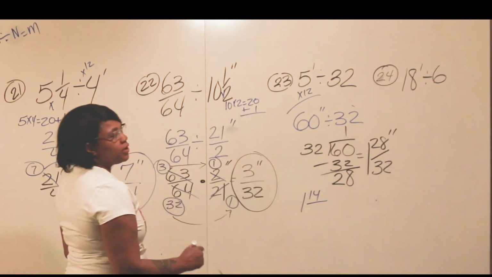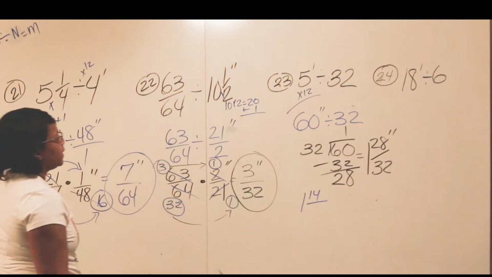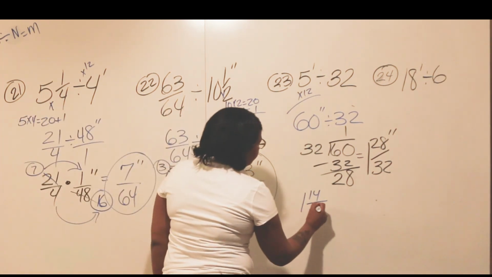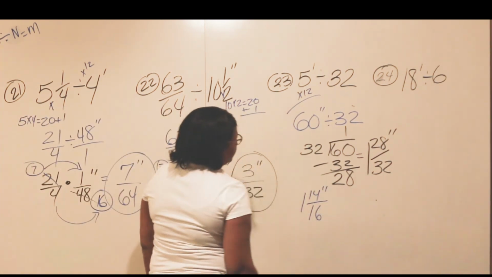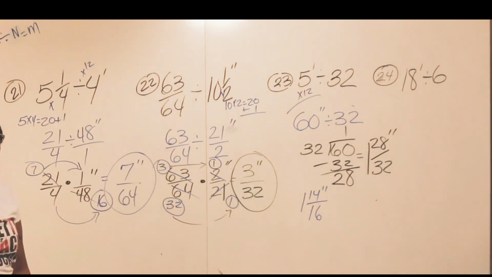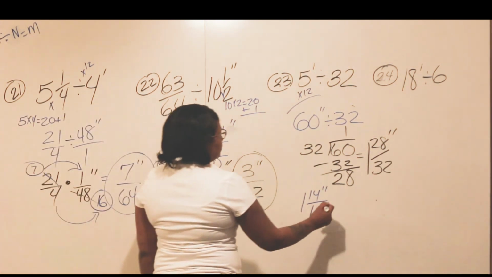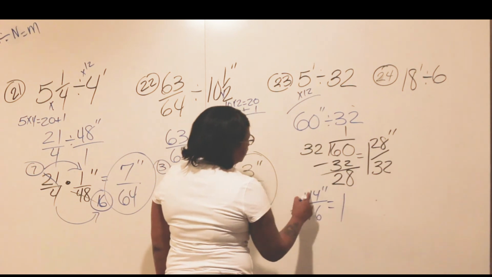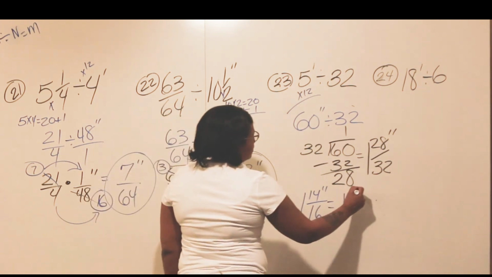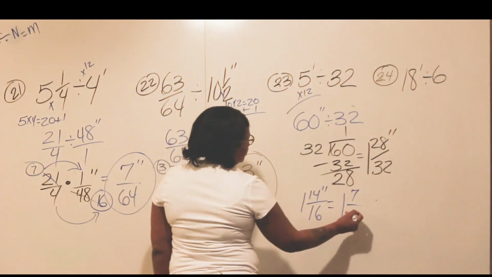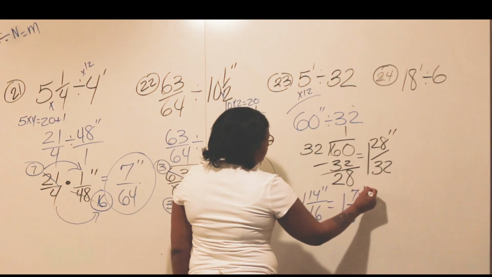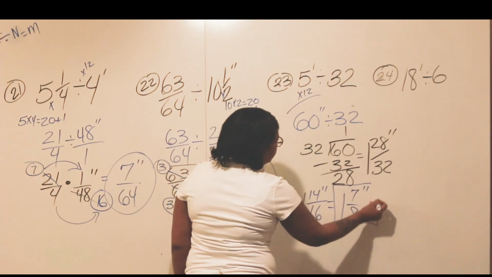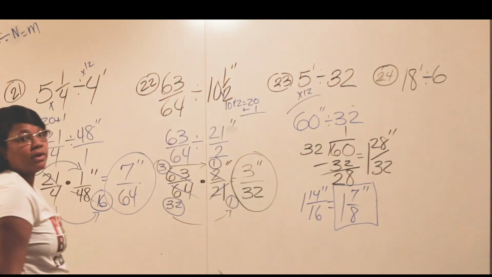If you take 32 and cut it in half, you get 16. Can you reduce that? No, 2 even numbers. So now we cut 14 in half, we're left with 7, and 16 in half, we're left with 8. Don't forget those inch marks. And that's your final answer.